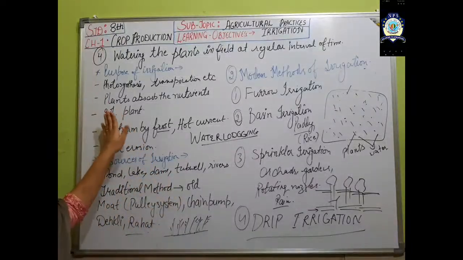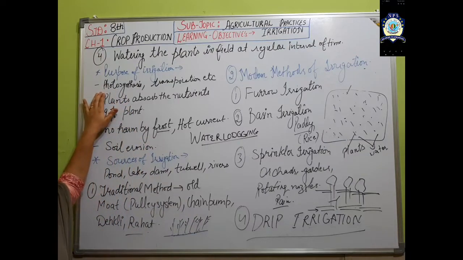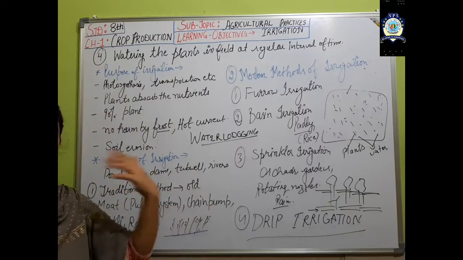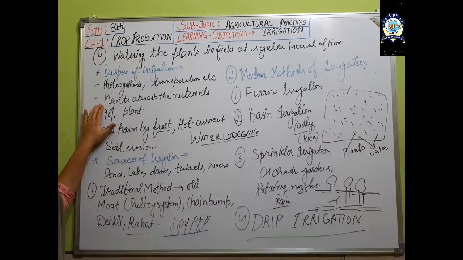And in irrigation, there are a number of benefits. What are they? They are very important for the physiological activities, because water is important for photosynthesis, for transpiration, for the ascent of sap, and a number of other activities. Then plants absorb nutrients with the help of water. Then 90% of the plant weight is made up of what? Water.